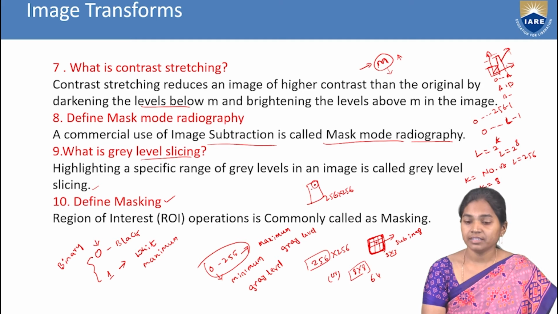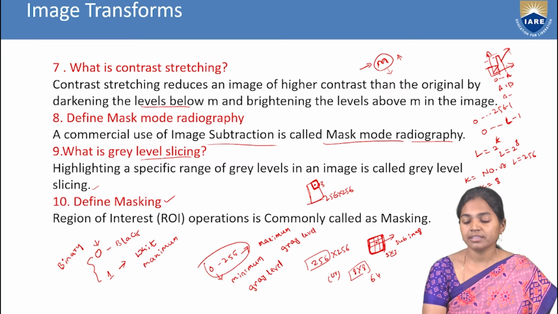So consider a 3 by 3 sub image. 256 by 256 is our main image, and in that I need to change the value of particular pixels. No need to consider the entire image, just consider a sub image of the main image.